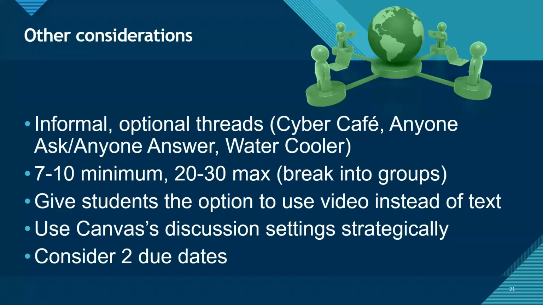You're right, you can do a due date and an until date. I think what they're wanting is to be able to put 2 due dates in so that it comes up in their to-do list. But you could do the due date and the availability date separately if you wanted. So that's a good point.